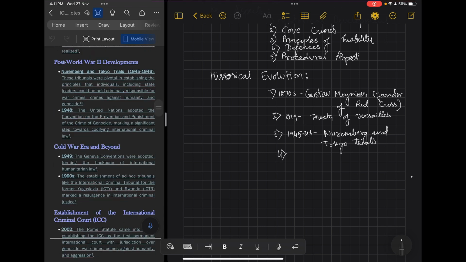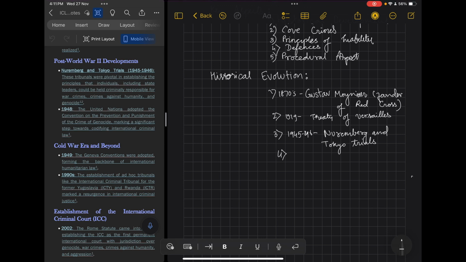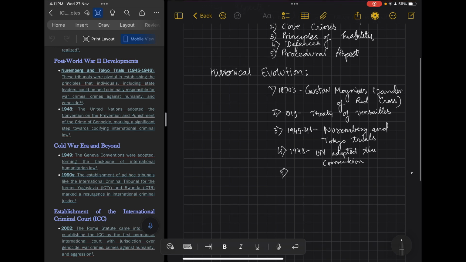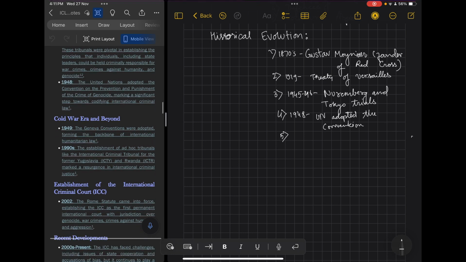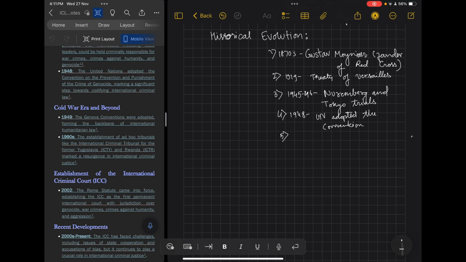Then comes number 4th, which is the United Nations adopted, 1948, Convention. So I'll do this just to remember; if I get 2-3 words, I can continue to write the following. In 1949, what happened? The Geneva Conventions were adopted.